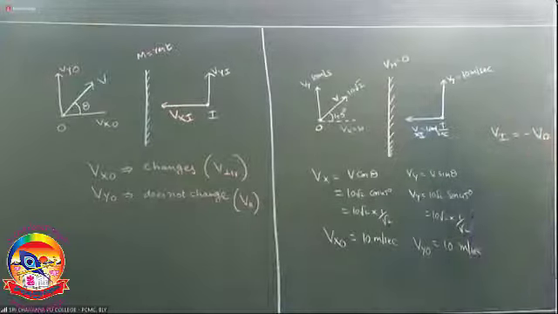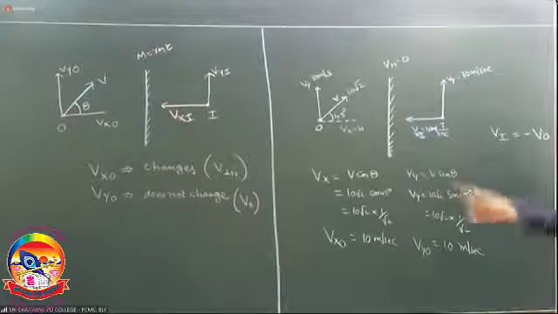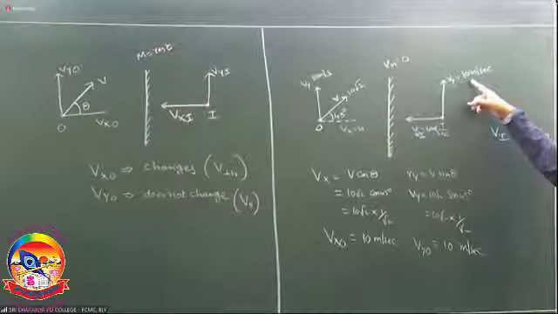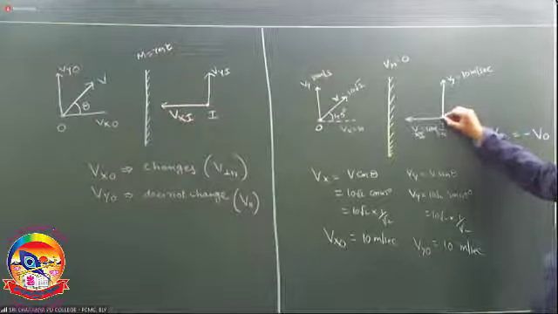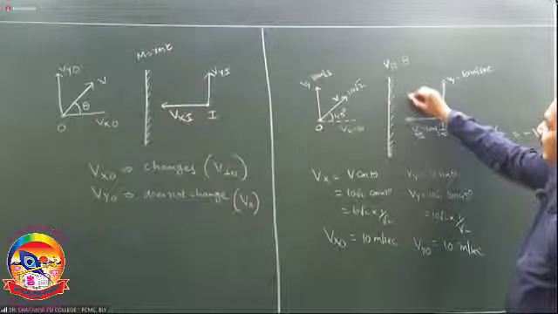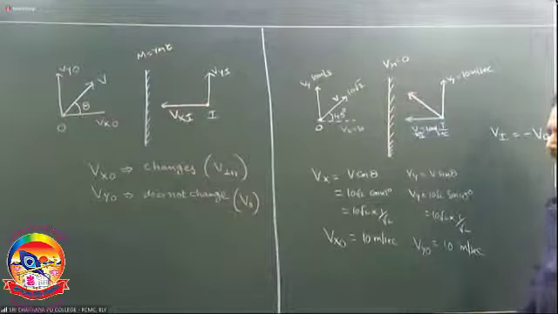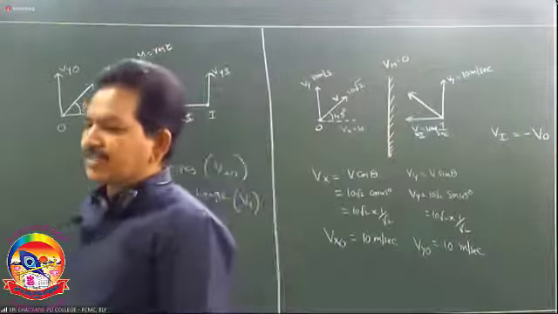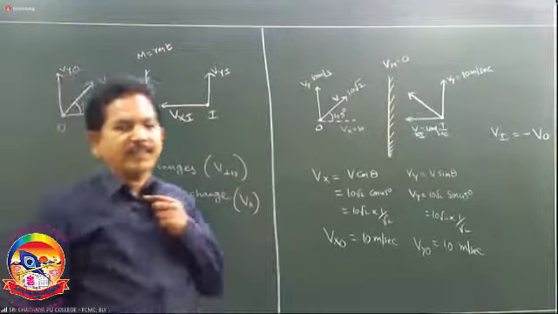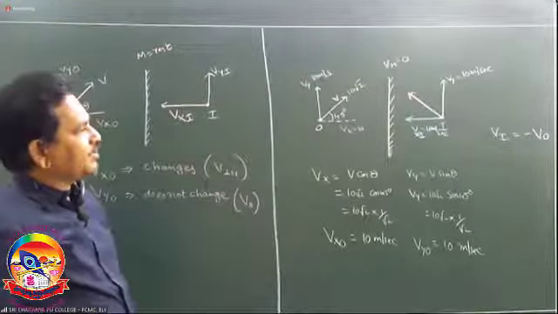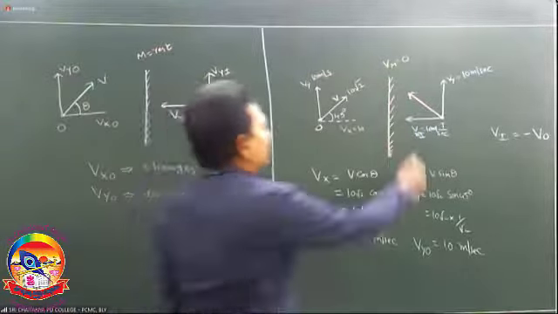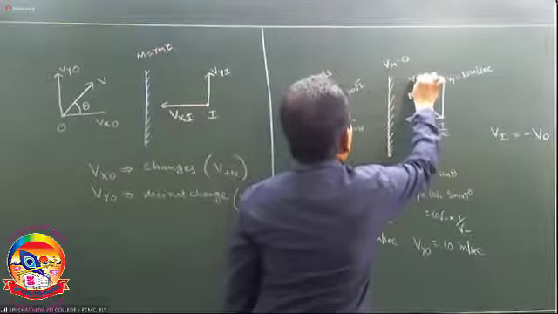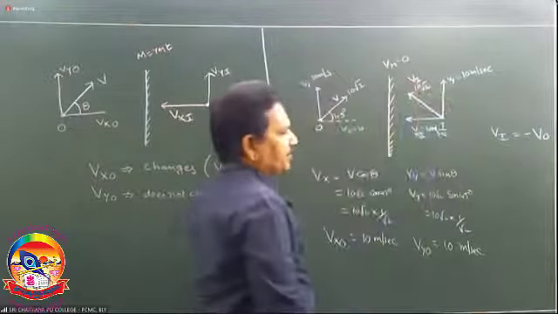Therefore, the velocity of the image has two components, Vx value 10 and Vy value 10. Use the parallelogram law; the diagonal will give us the resultant. The angle between them is 90, so the resultant is the square root of Vx square plus Vy square, 10 square plus 10 square under root. This will become once again 10 root 2. This is the velocity of the image.